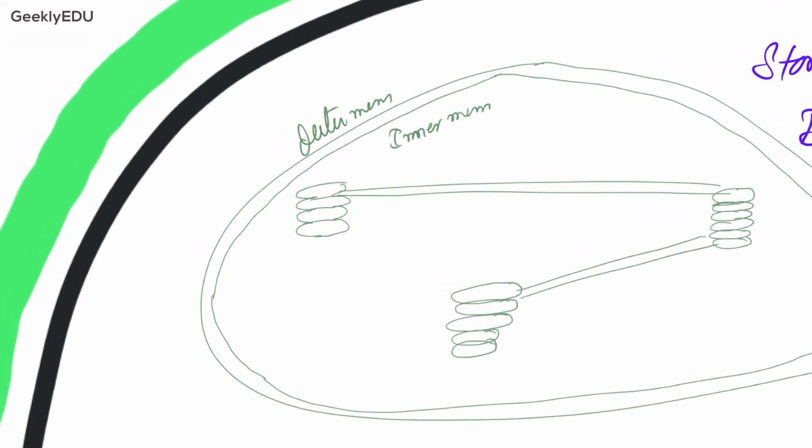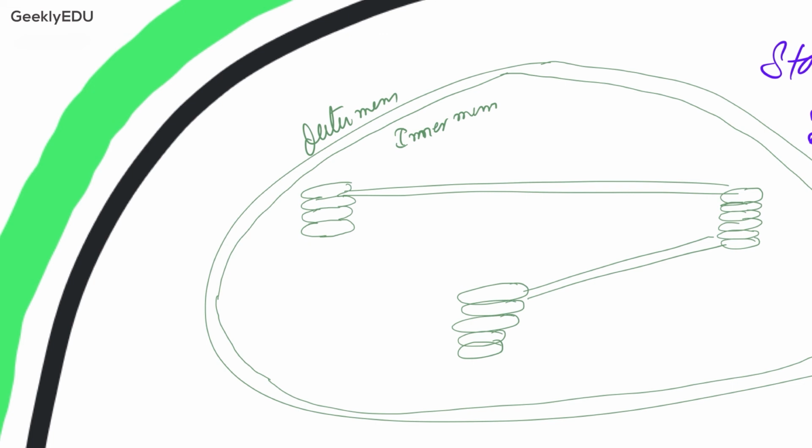Now, apart from them, you have a third membrane system, bags called thylakoids. Now, thylakoids are embedded with molecules of chlorophyll that are going to absorb light and create chemical energy that is going to be used to synthesize carbohydrates. But thylakoids are found in stacks.